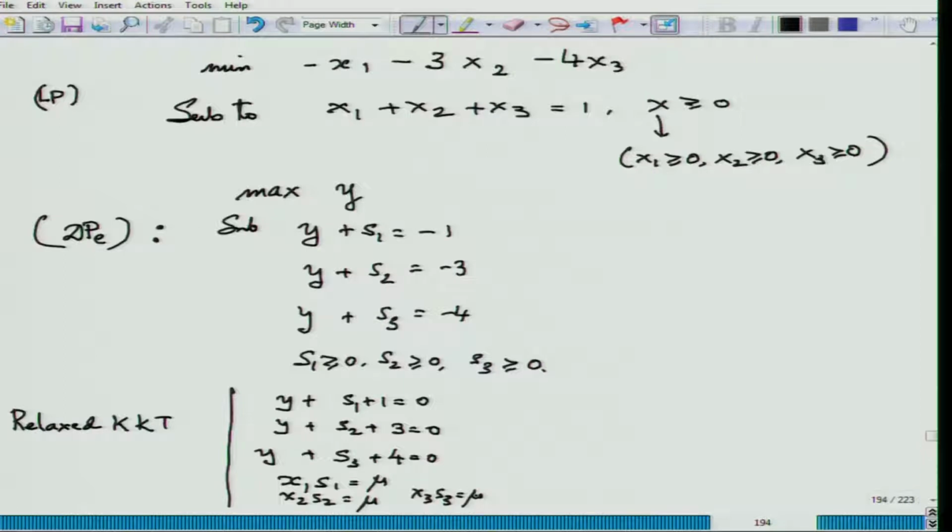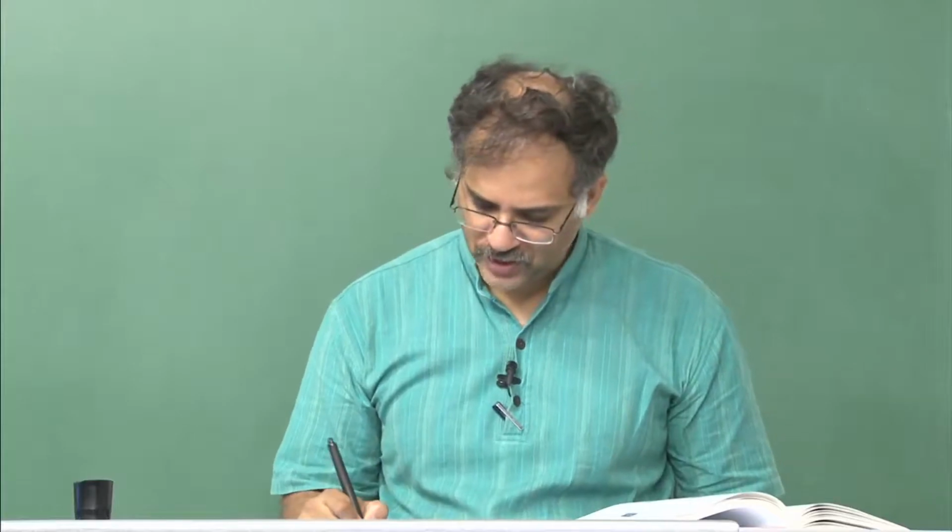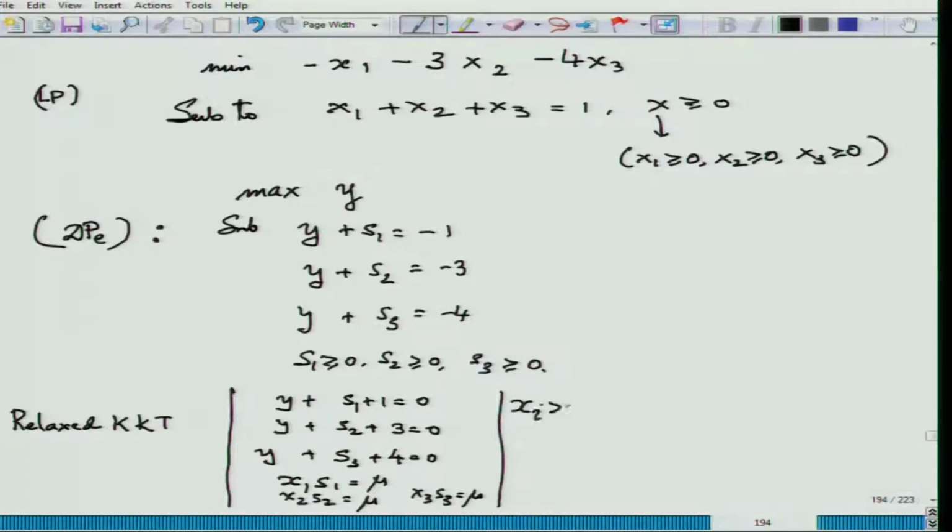This is my relaxed KKT. Of course, xi Si is strictly bigger than 0 because mu is strictly bigger than 0, xi is strictly bigger than 0 and Si is strictly bigger than 0 for i equal to 1, 2, 3.